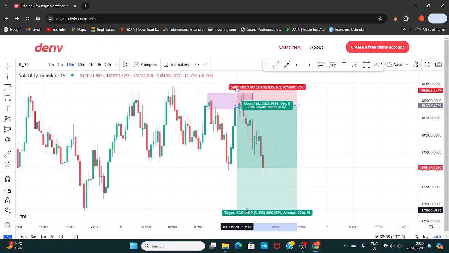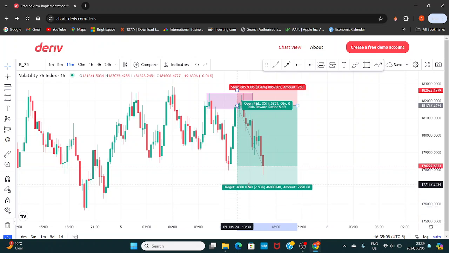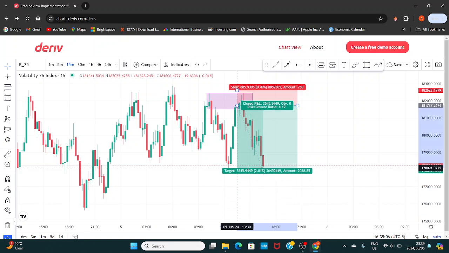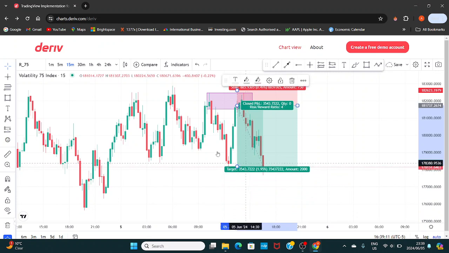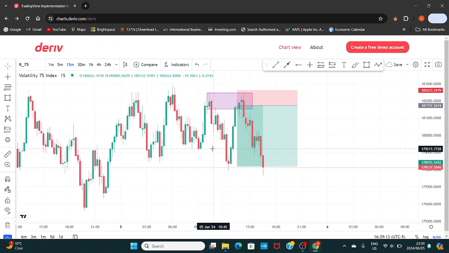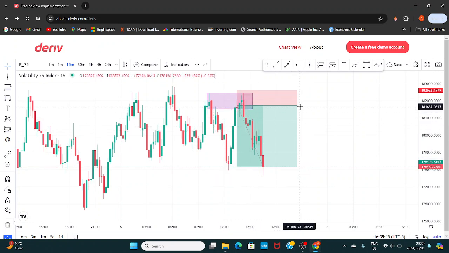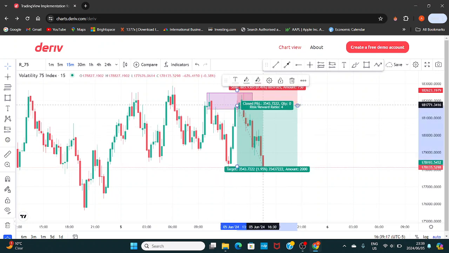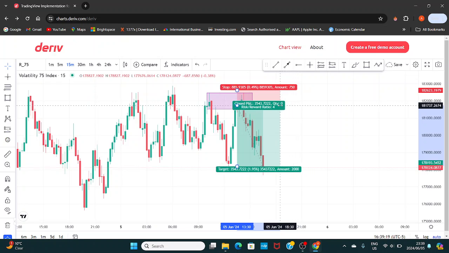Usually I would aim for a risk to reward ratio of 1:4. If it was my normal self trading, I would have entered there and aimed for a 1:4. And trust me, guys, depending on the lot size you're using, this can be a very lucrative pair.